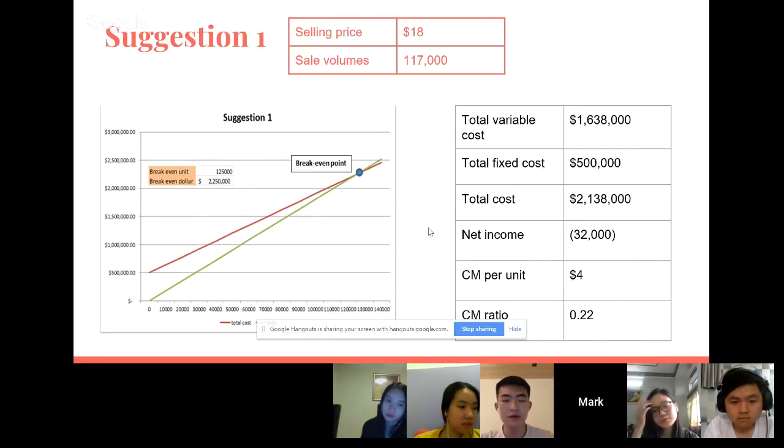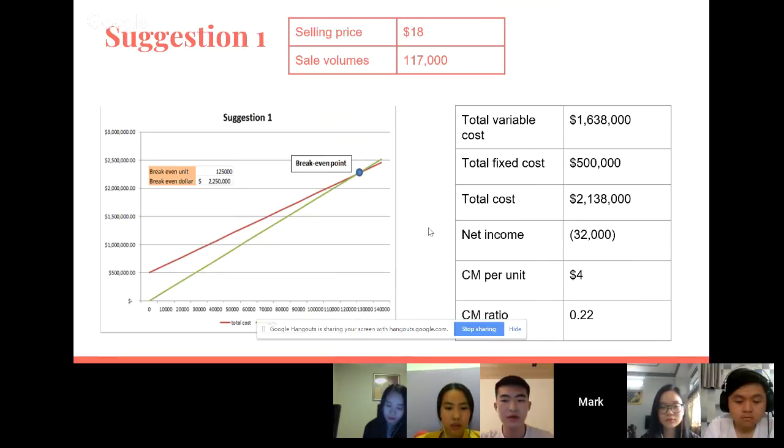The most underrated suggestion was from the President, option 4A. He suggested decreasing the product price in order to increase sales. The result shows that it would not be able to cover the costs.